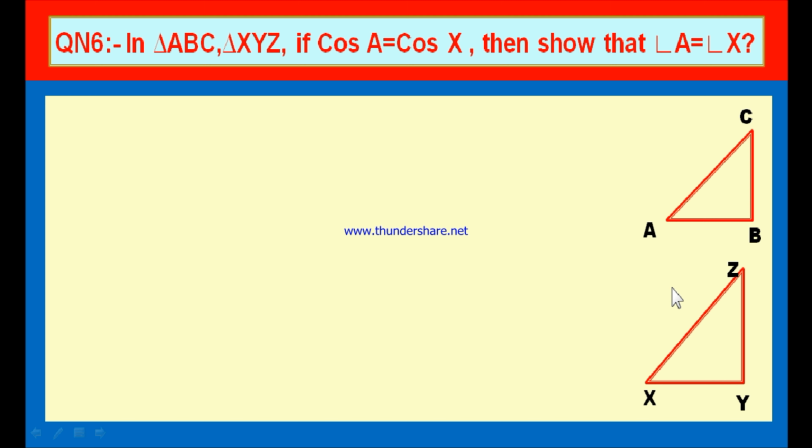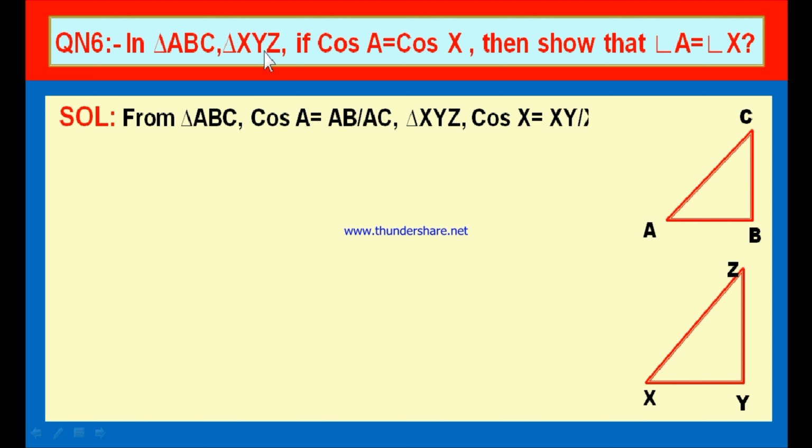Now let us look at the solution. Here in the solution it is given that from triangle ABC and in triangle XYZ, we know that cos A is equal to cos X. Let us find cos A and cos X values separately. From the first triangle ABC, cos A is equal to AB by AC.